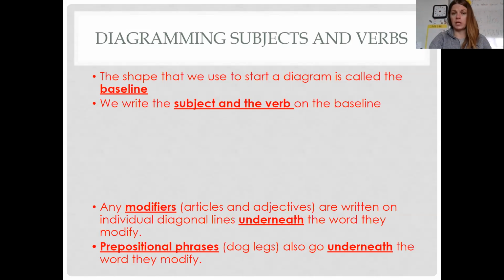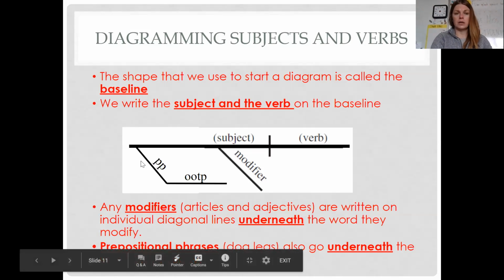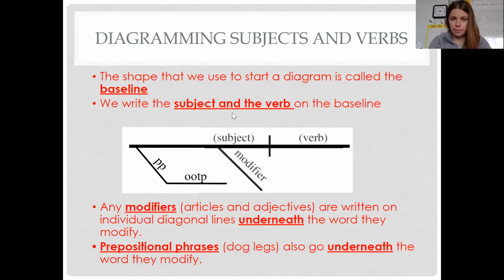And this is what it looks like. Right here, this horizontal line here is called our baseline. Our subject spot is always, always, always on the left side. Our verb is always to the right of it. And if we have any modifiers or prepositional phrases, they go underneath.